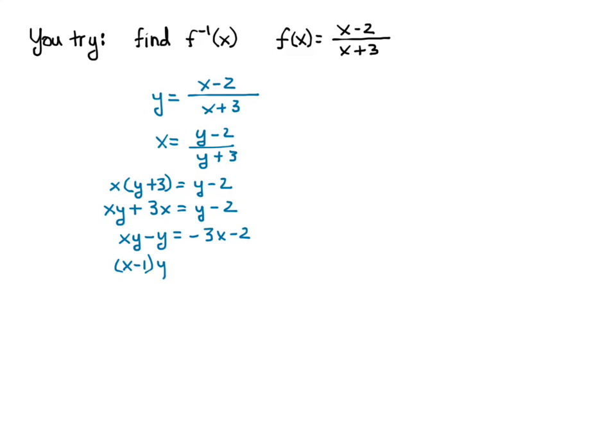Okay, so that factors into (x minus 1) times y, and we get negative 3x minus 2. And so now by division, we can get y equals (3x plus 2) over (x minus 1), and therefore our inverse then is the negative fraction, (3x plus 2) over (x minus 1).